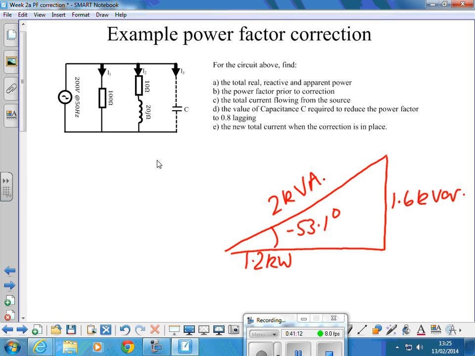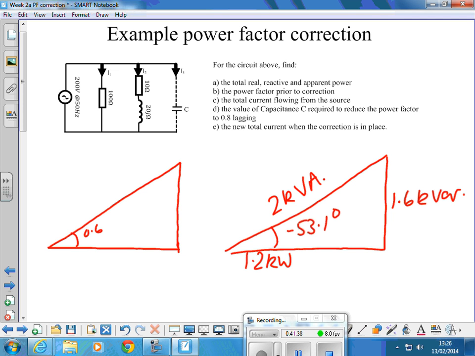So what we're doing here, where's my red pen gone? Oh, here it is. We've got this triangle. And what was the power factor? 0.6 in there.